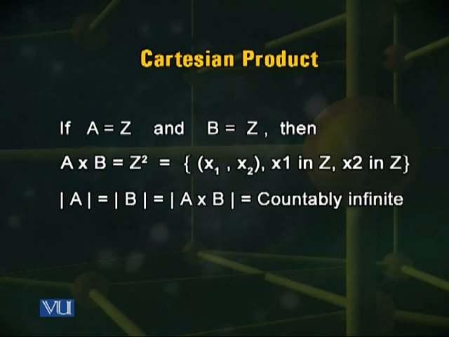Once again, it is meaningless to talk about infinity square. You should look at your course handout to see the detailed discussion about this, but for now I can tell you that the cardinality of the Cartesian product formed between two sets of integers is the same as the cardinality of the set of integers.